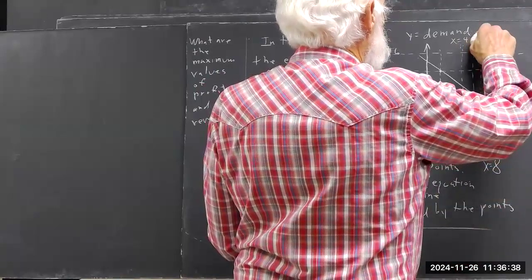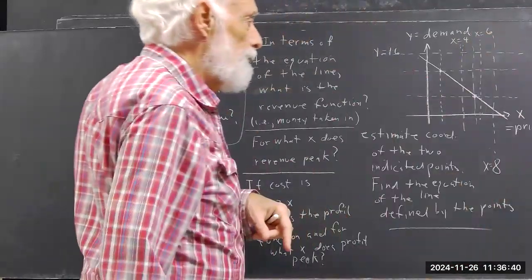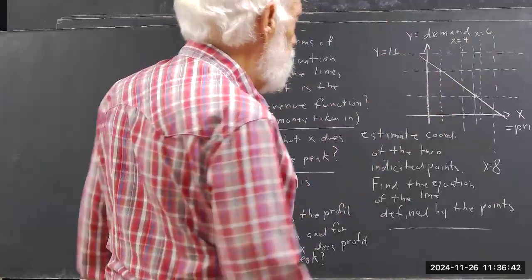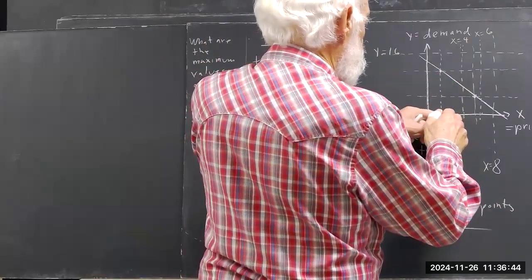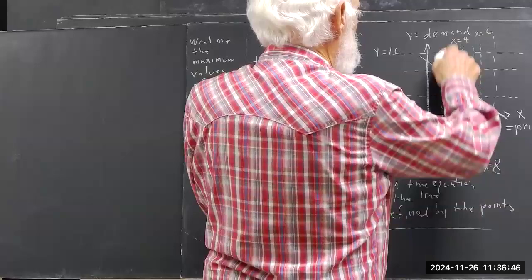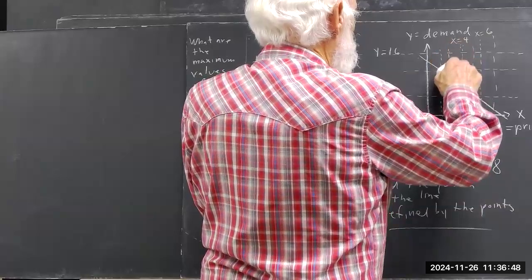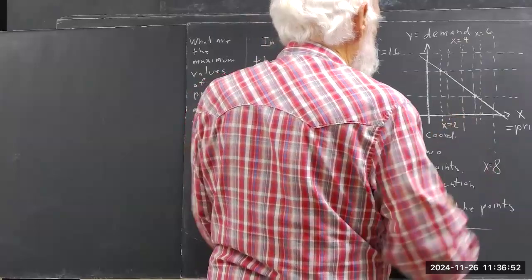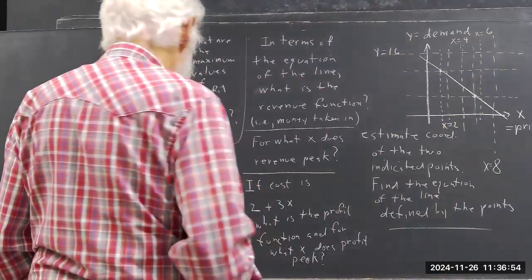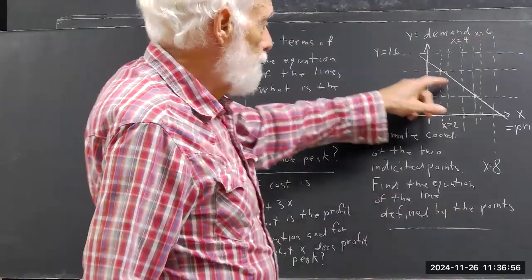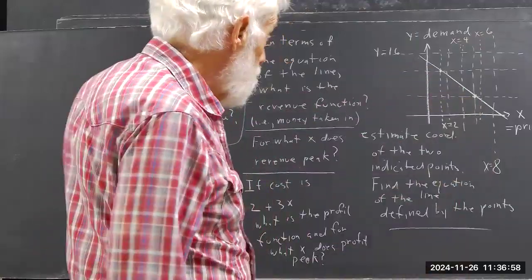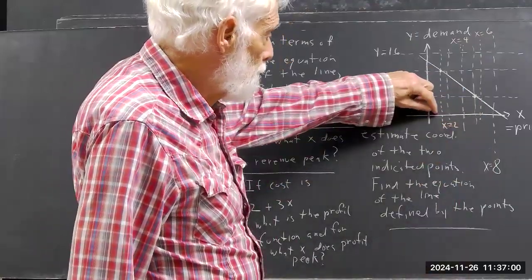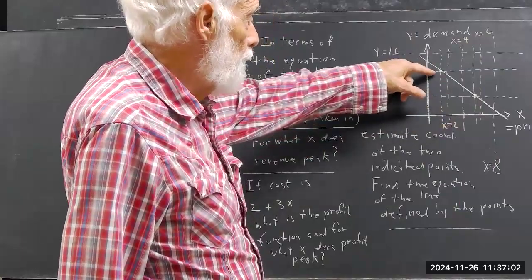This would be x equals 6. Okay, I'll label it down here. X equals 2. So now we can make estimates of the coordinates of these points. So if this is 2, of course, 1 would be about here. It looks like x is about 1.5.